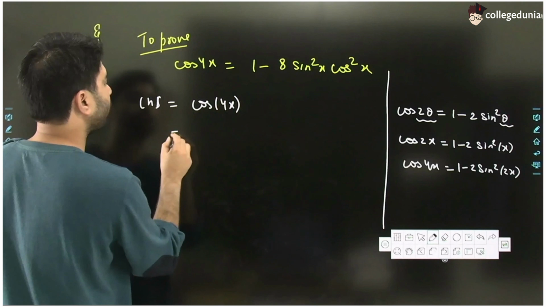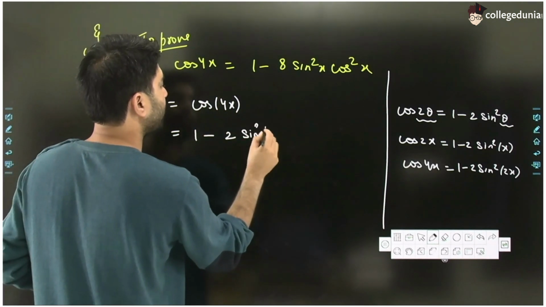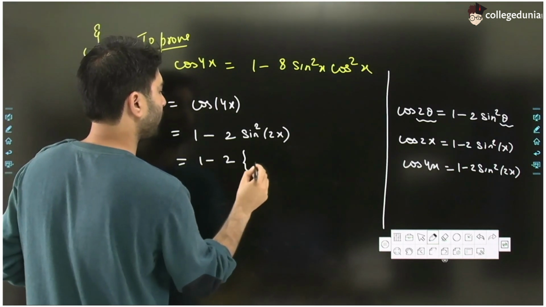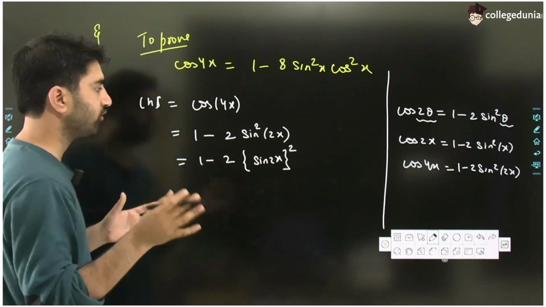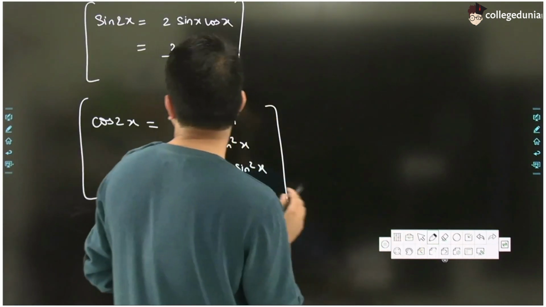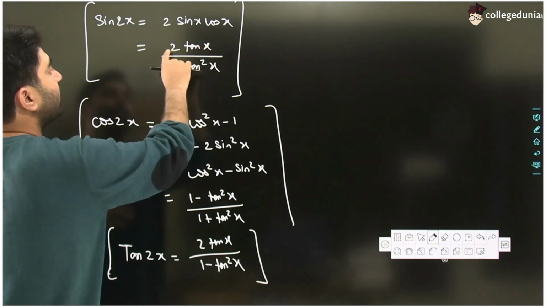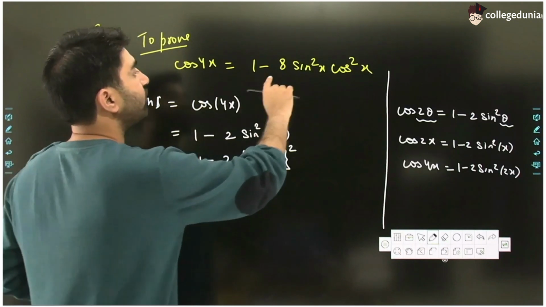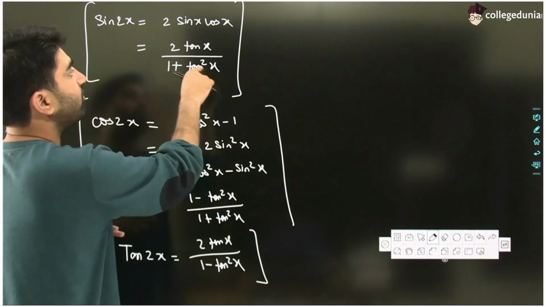So in the place of cos 4x, I will be writing 1 minus 2 sine square 2x, that is, 1 minus 2 sine 2x to the power 2. Now again we have 2 formulas for sine 2x. The first is 2 sin x cos x, and the second is 2 tan x upon 1 plus tan square x. We do not want the answer in terms of tan, so that will not be used.